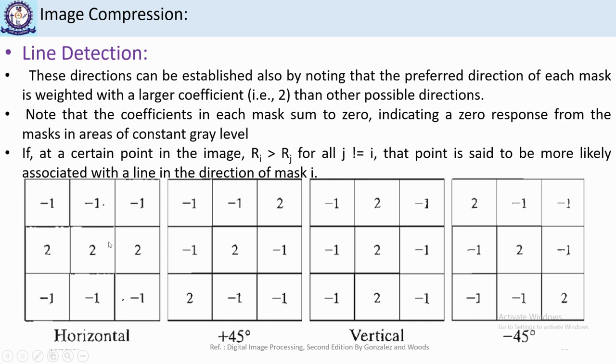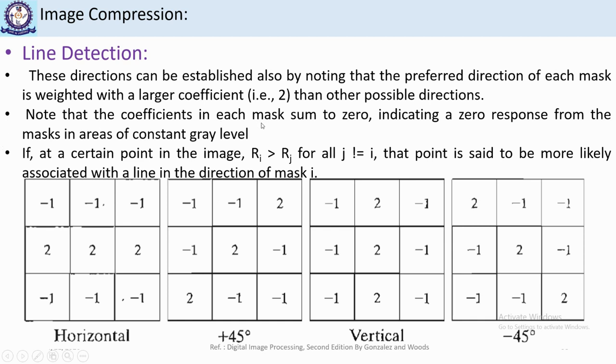That is, this is 2 and they are minus 1. Like for 45-degree, in this direction whichever coefficients are there, that is these three, they are given the most weightage. So that is 2, 2, 2, and remaining are given the least weightage. Similarly vertical and minus 45-degree.